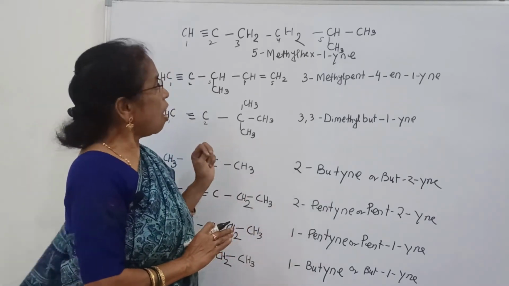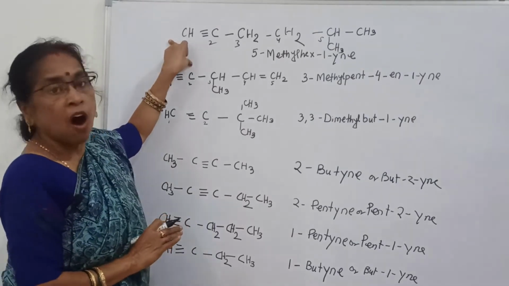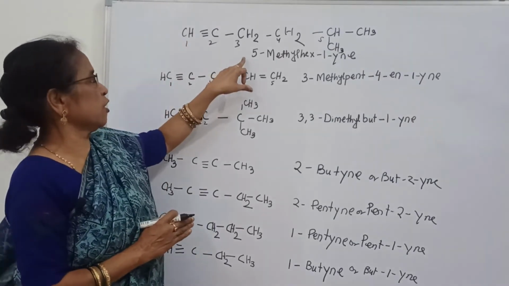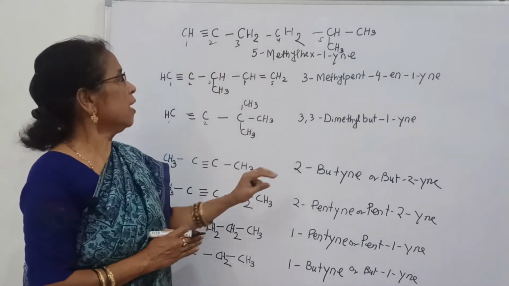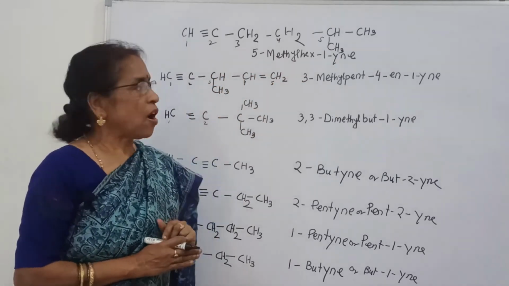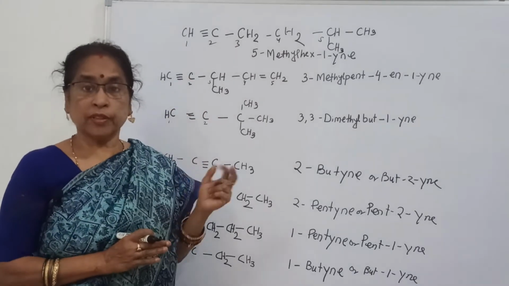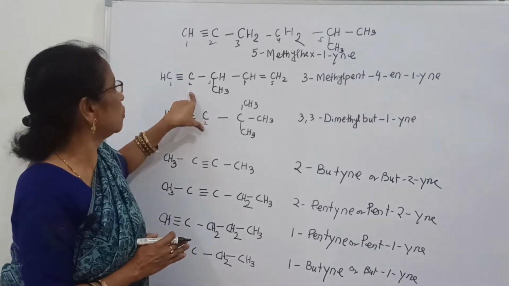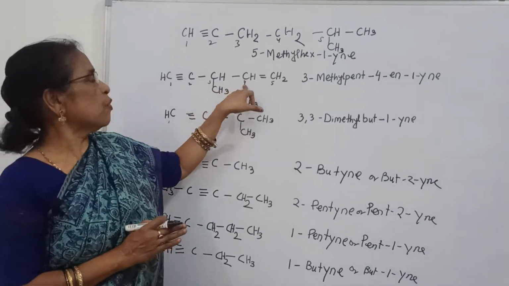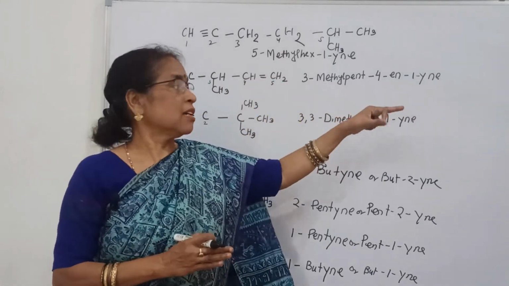So here you can observe this one, it should not be 4-methyl. Already I have explained the 4-methyl, sorry, it should be 5-methyl hex-1-yne. And here, since it is a triple and double bond, the triple bond path is why 1, 2 will count, and here after 4 there is a double bond, and in ene and yne, ene should come first alphabetically.